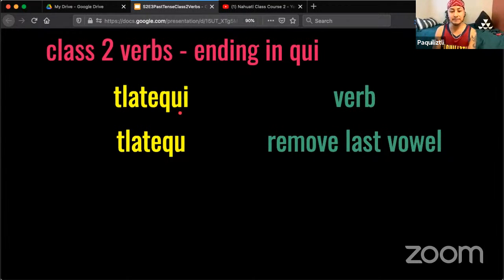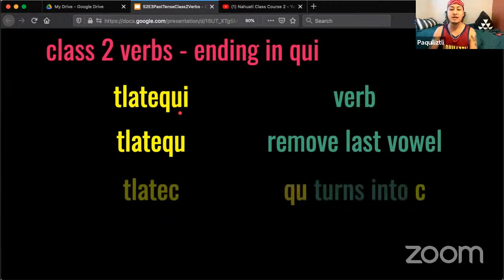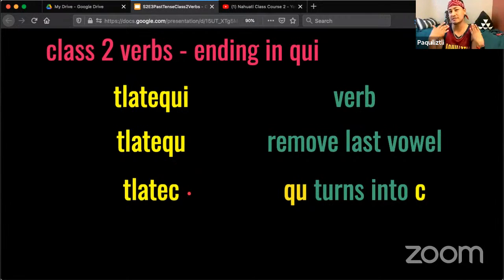Okay, tlateki. So you're gonna remove the I. That QU is gonna become a C. Really what we're doing here is preserving the K sound. So if you think about it, it's really tlateki, the K. We're just removing the I. And because of the writing system that we're using, we're gonna change it to a C just to preserve the sound.